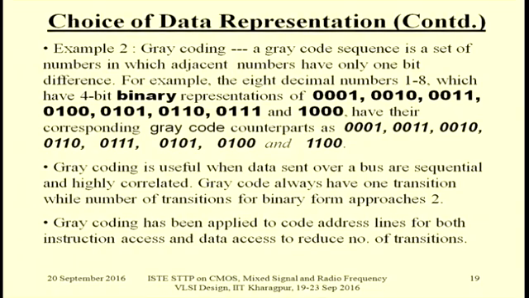Only 1 bit change is there. But on the other hand, if you have the binary, say you just take a simple example, you go from 7 to 8, all the 4 bits are switching. Okay, 0111 to 1000. See, all the 4 bits need to be switched, and 4 times more power will be consumed compared to the gray code. And if you increase the value of n, the gain is very much tangible.